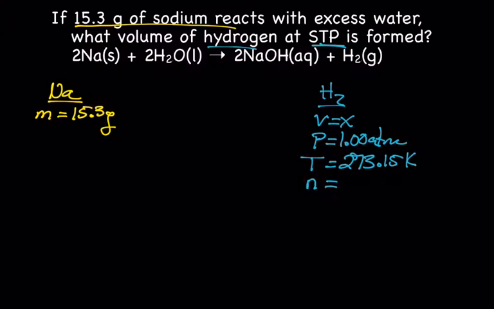All right, so it looks like we're going to be needing to use the ideal gas law again. However, we don't know n. So somehow, with our known of sodium, we need to end up with moles of hydrogen. So I think this is another stoichiometry problem. Our math problem, if you want to look at it that way, is that we have 15.3 grams of sodium equals X moles of hydrogen.